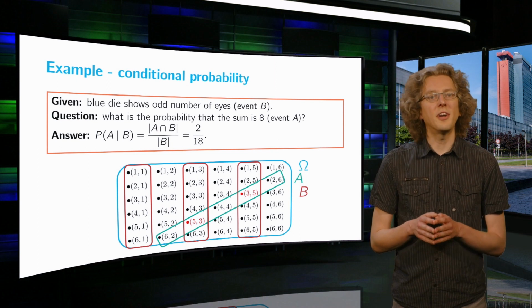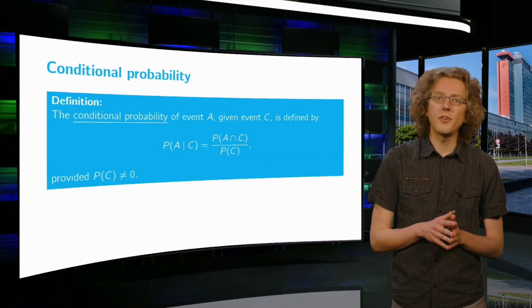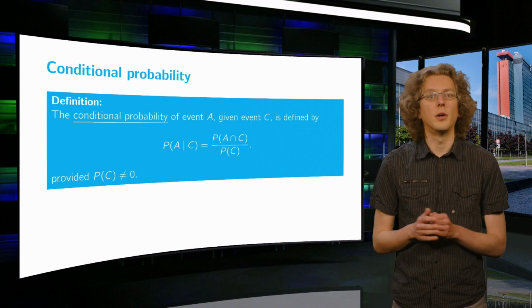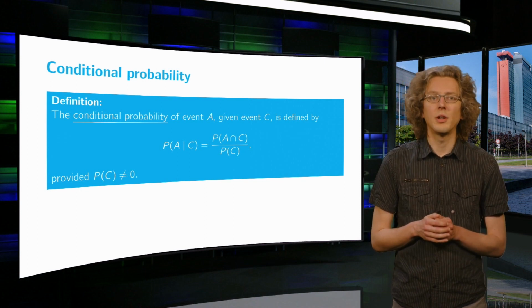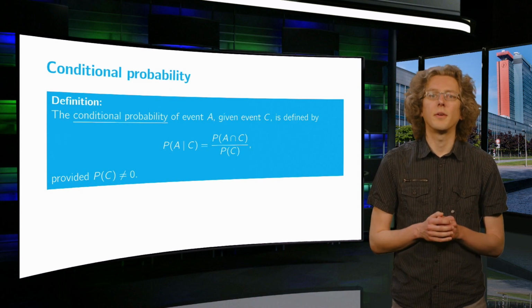This idea is generalized in the definition of a conditional probability, which will also work when we are not dealing with Laplace experiments. Instead of counting numbers of outcomes in certain events, we now work with the probabilities of the events.